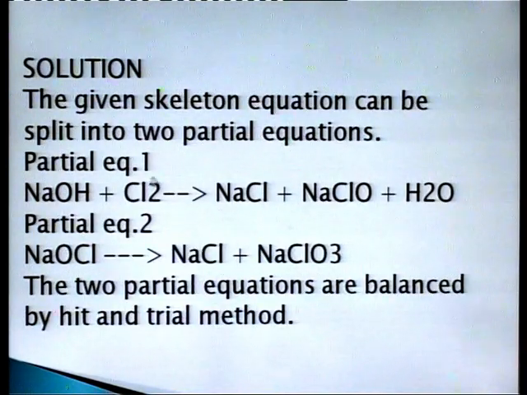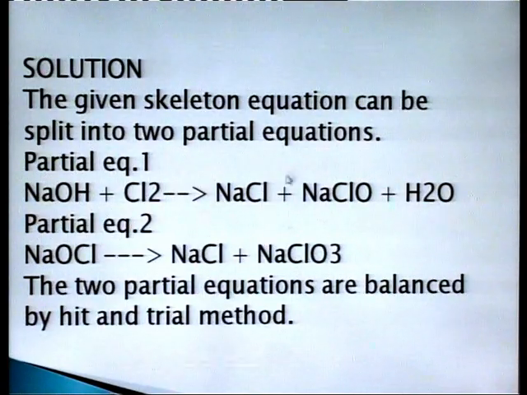The first partial equation is NaOH plus Cl2 changing into NaCl plus NaClO plus water. That means NaOH combines with chlorine forming NaCl, NaClO and water.